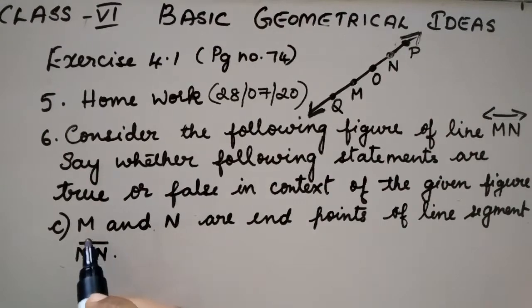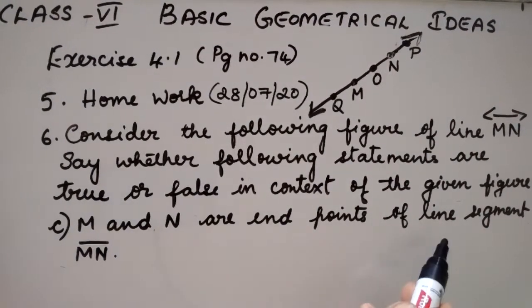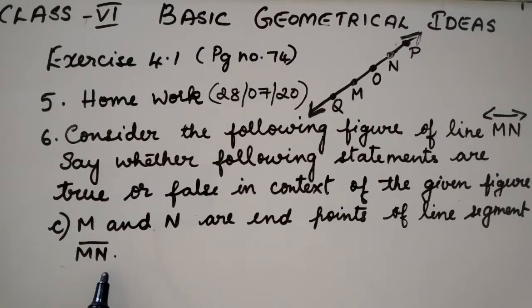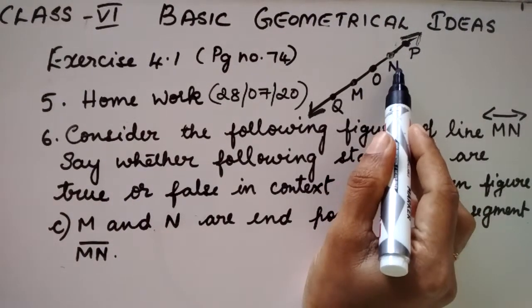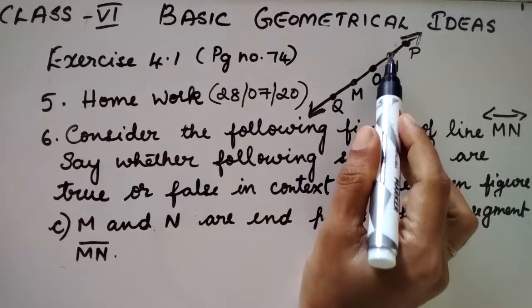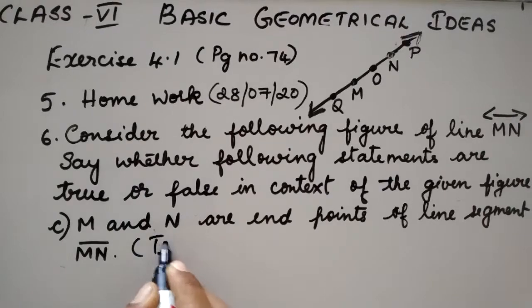So next statement C, M and N are endpoints of line segment MN. Endpoints means fixed points. So M and N are the endpoints of the line segment MN. So it is true.